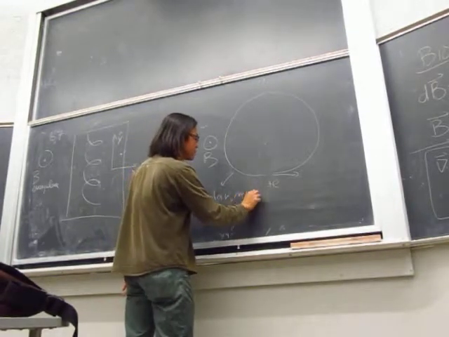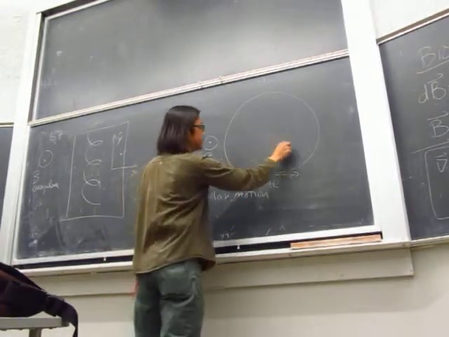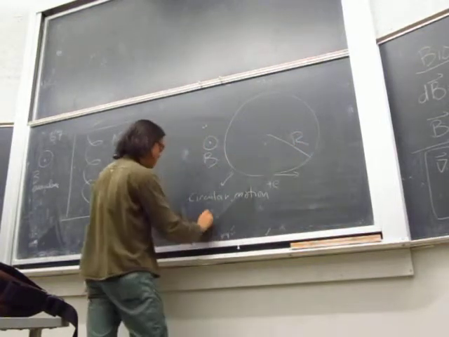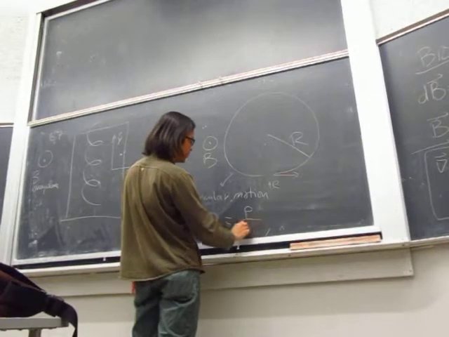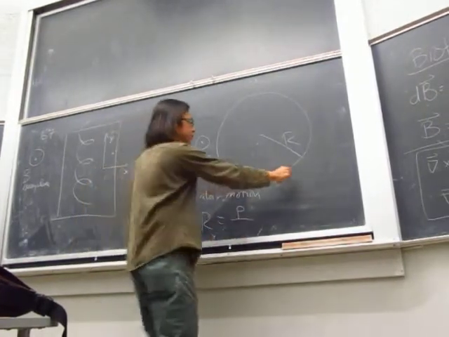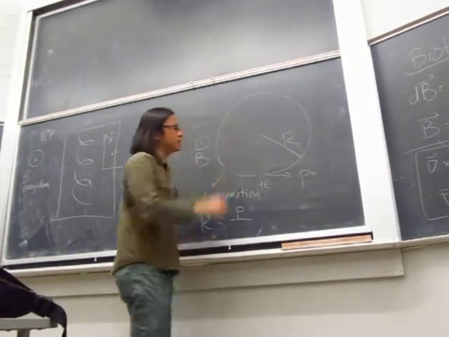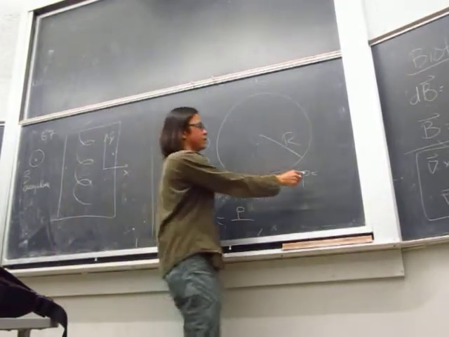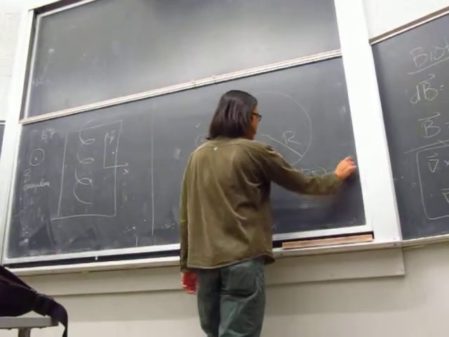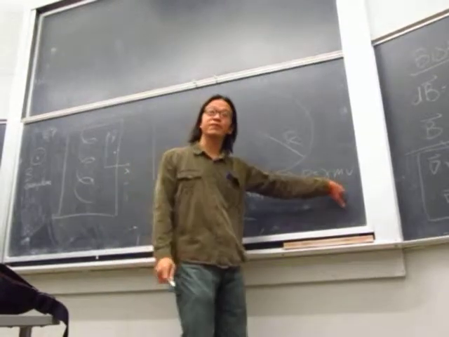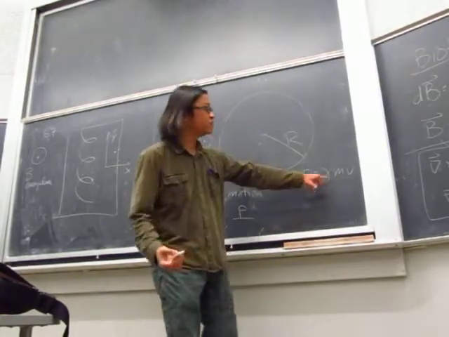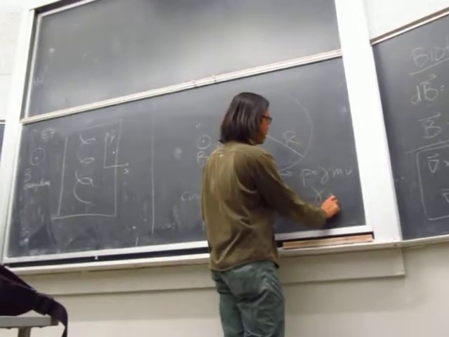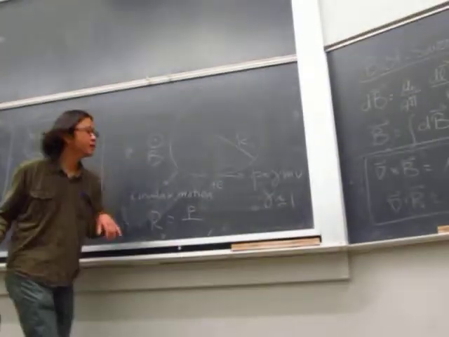you did this as homework last week. What's the radius of curvature? It's p over qB, p is the momentum, and you give it an initial velocity, right? The momentum is gamma m v. Remember, momentum is always gamma m v if things are relativistic, right? Of course, if things are moving slowly, then gamma can be approximated as 1, right?